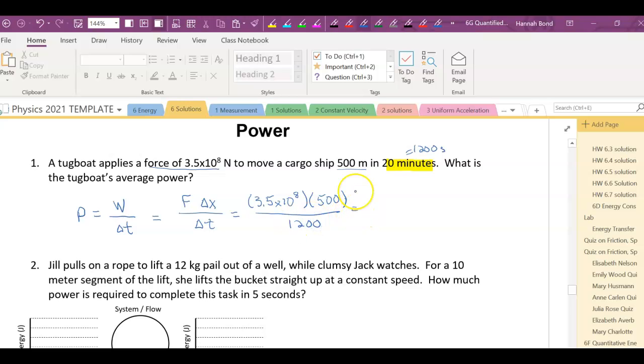And so this is going to give me 1.75 times 10 to the 11th joules, and that's done in 1200 seconds. And so that's 1.458 times 10 to the 8th watts.